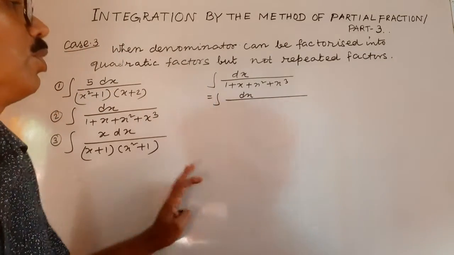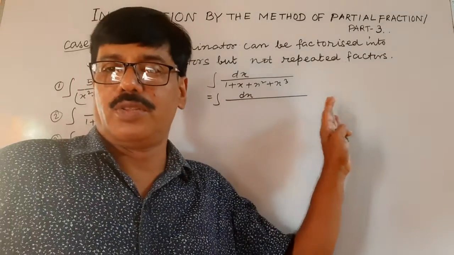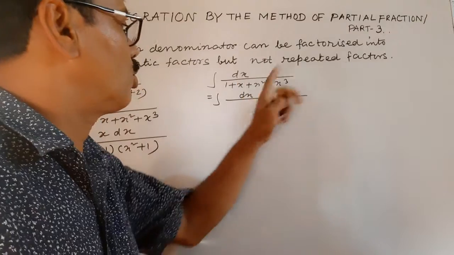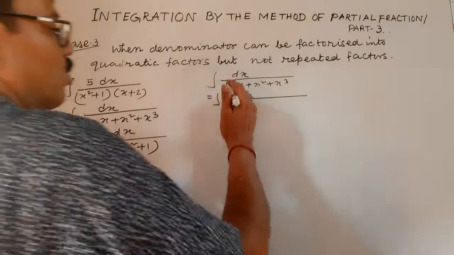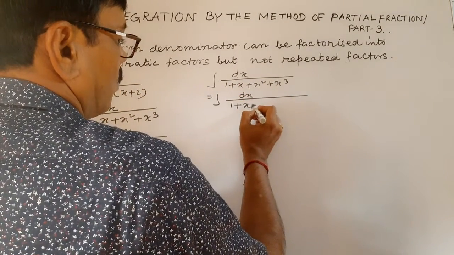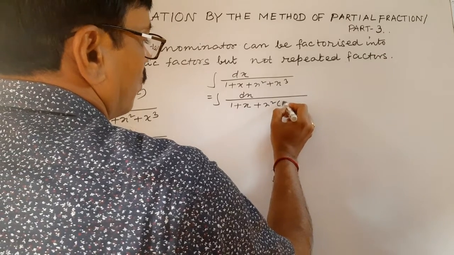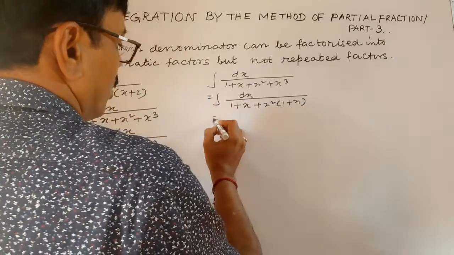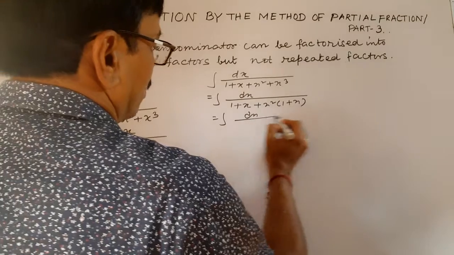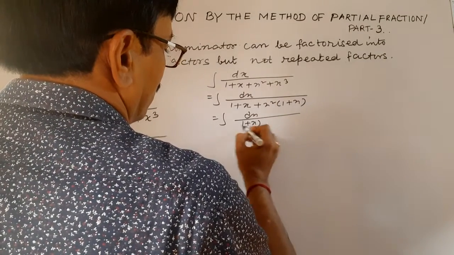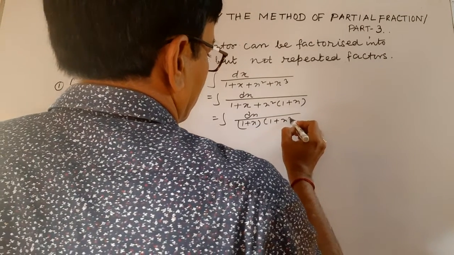We have not solved this type of problem. This is cubic, so try to factorize. 1 plus x square common, 1 plus x. So dx by (1 plus x) into (1 plus x square).